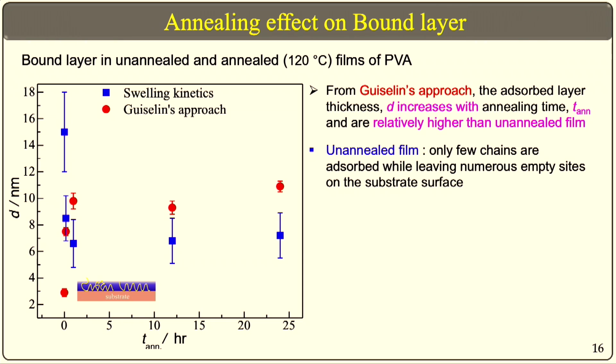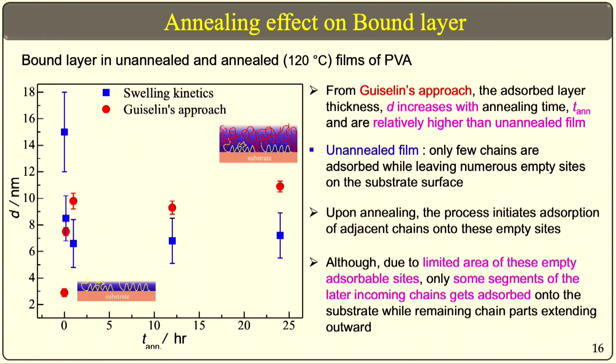So why is there an increase in this layer thickness with annealing? Some other reports have also found this, but the overall understanding is that when you anneal for a longer period of time, more and more polymer chains can get adsorbed to the substrate. Since there are limited sites, because an inner layer has already occupied the sites, the later incoming chains, which generally have higher molecular weights and are pretty long, only have segments that get adsorbed to the remaining available sites.